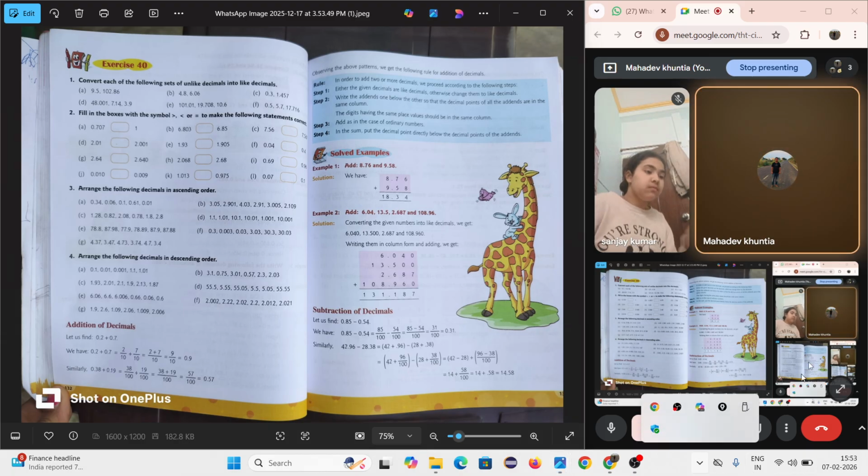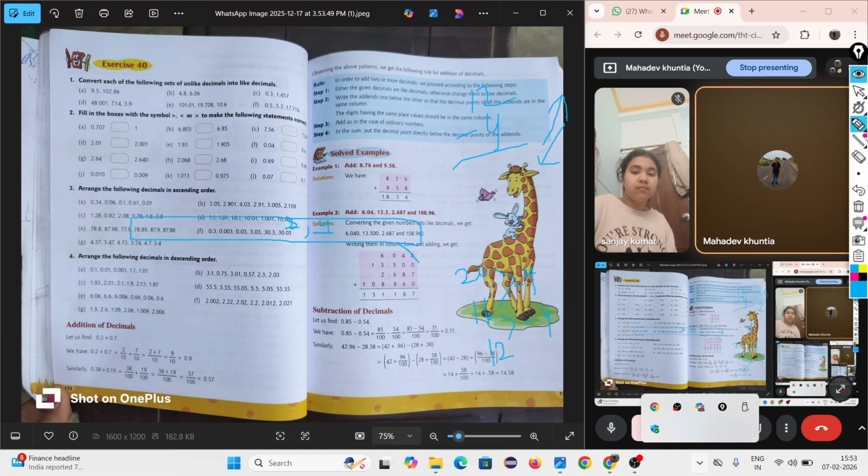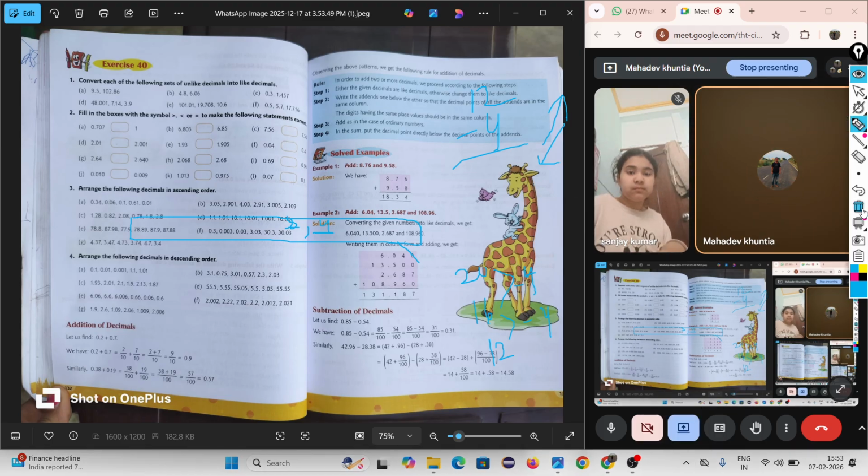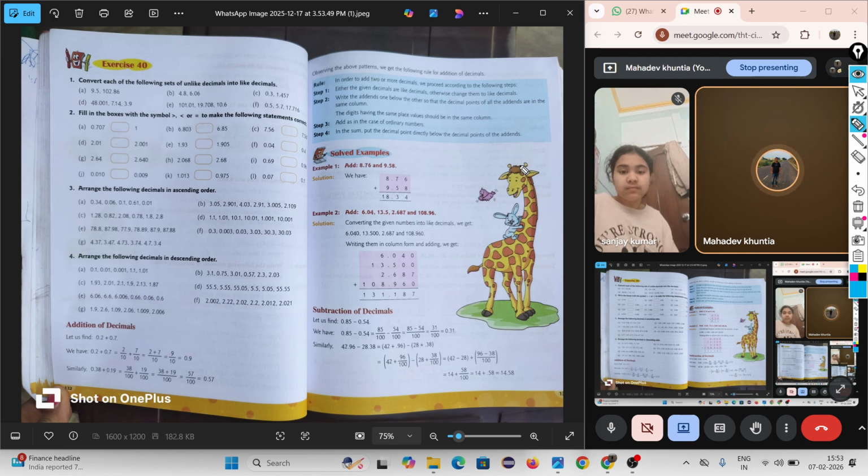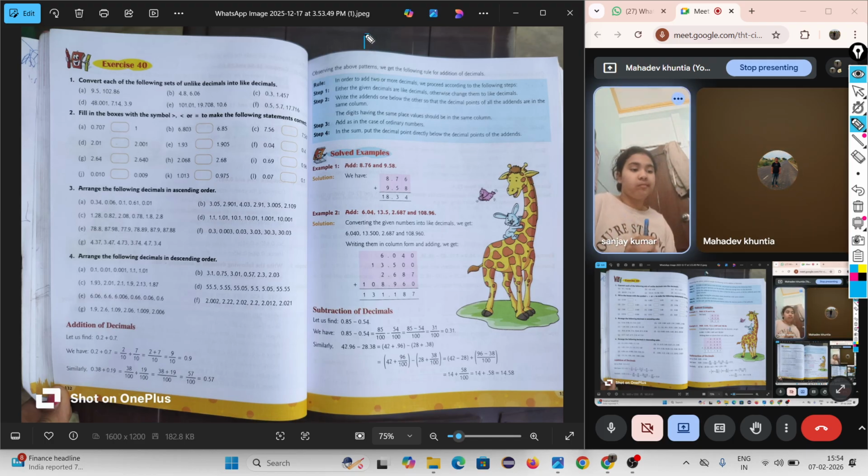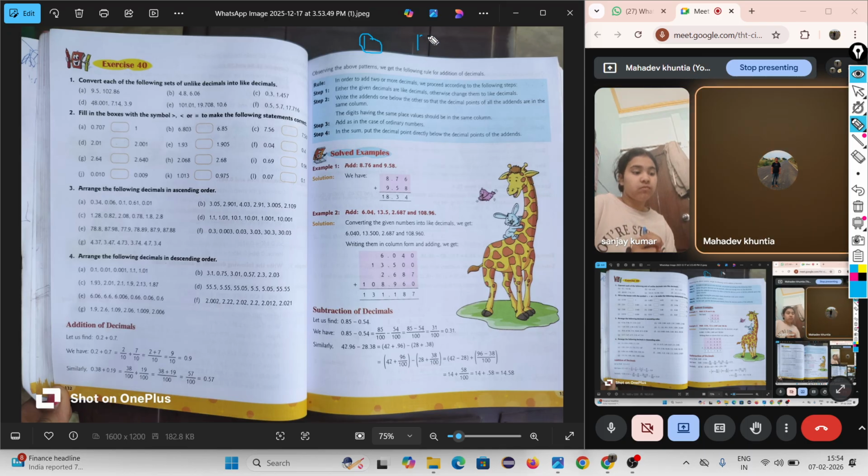Okay, look. In the last class, open your mic. In last class, we have discussed decimals. What do you mean by decimal places?